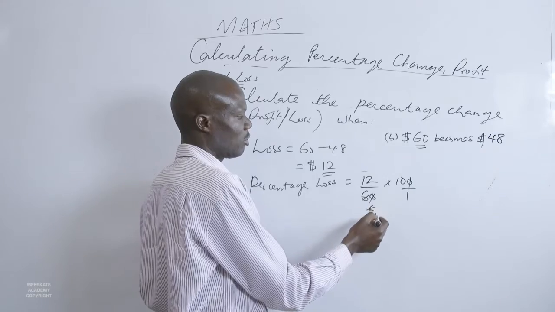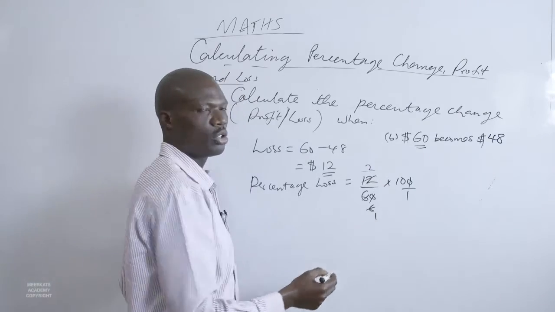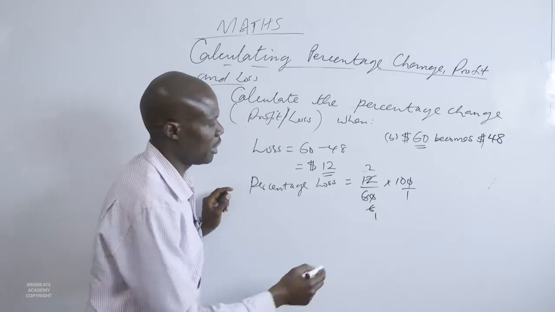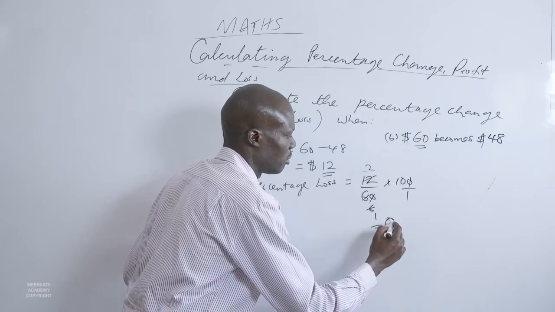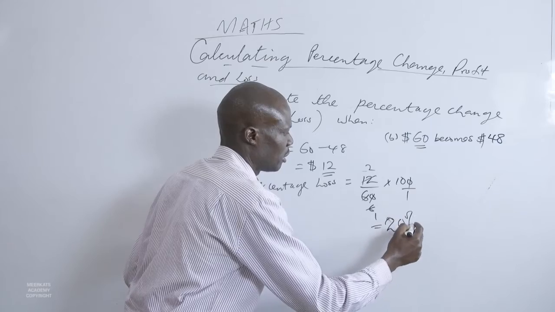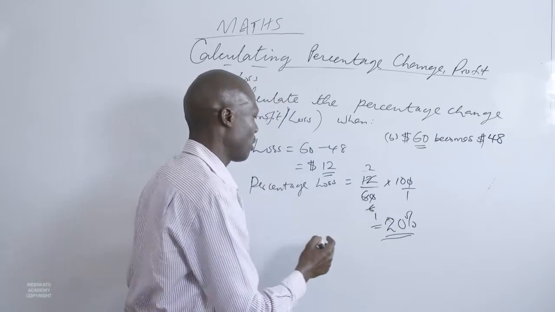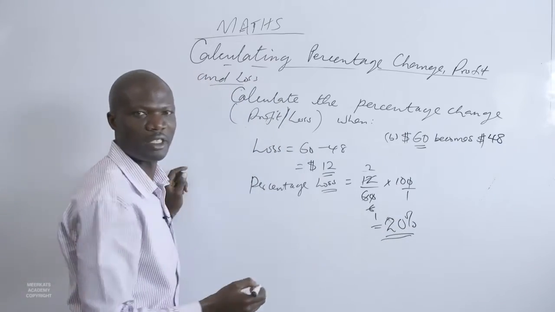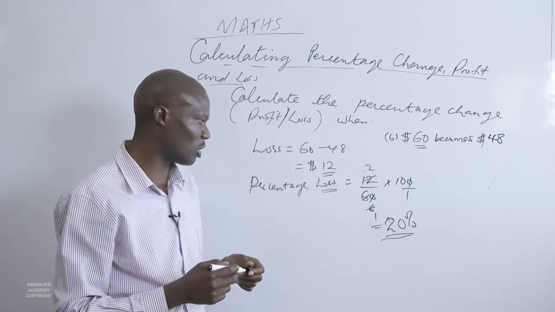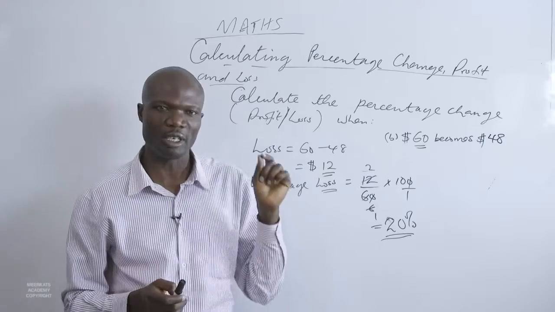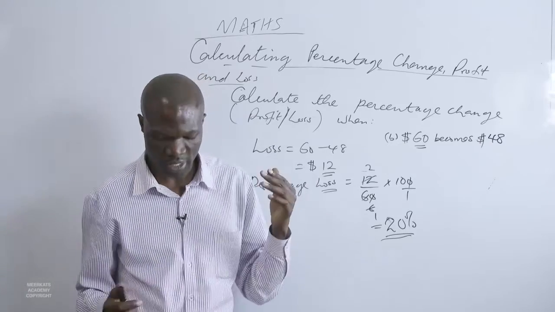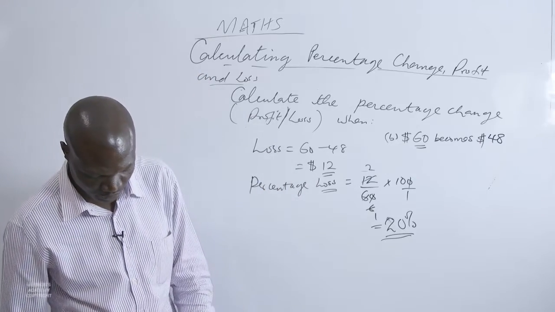So by 6 is 1, by 6 is 2. 2 multiplied by 10, you get your percentage is simply 20%. And remember, it is a percentage loss. So 60 changing into 48 represents a 20% loss.